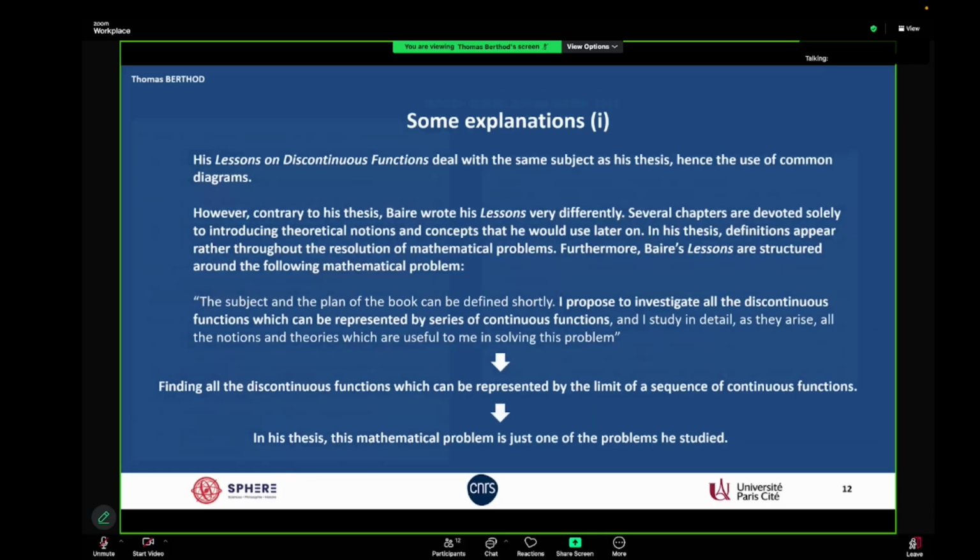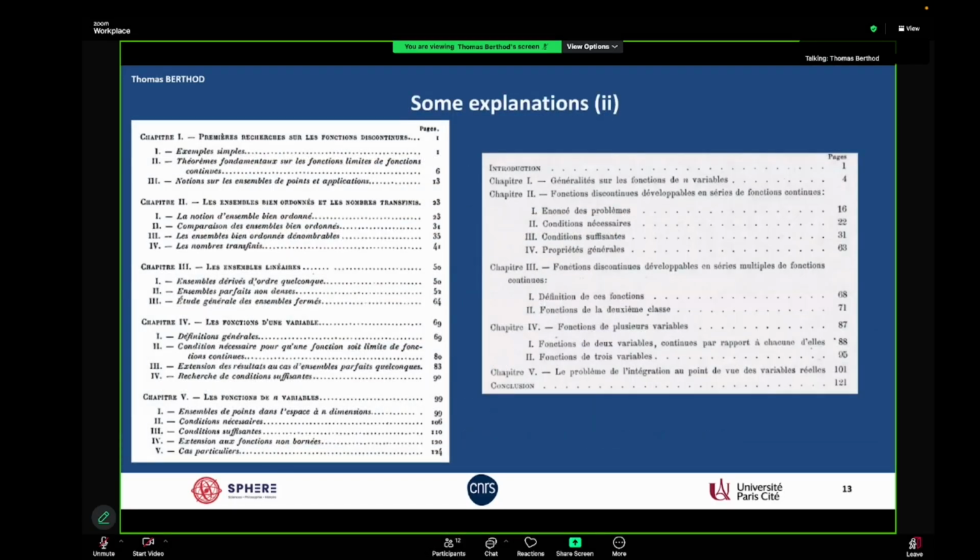So just to show you that point, you could see that here on the right you have the table of contents of his lesson, and on the left, you have the table of contents of his PhD thesis. And in the table of contents of his lesson, you could see 2 chapters are really independent of the rest of his work.